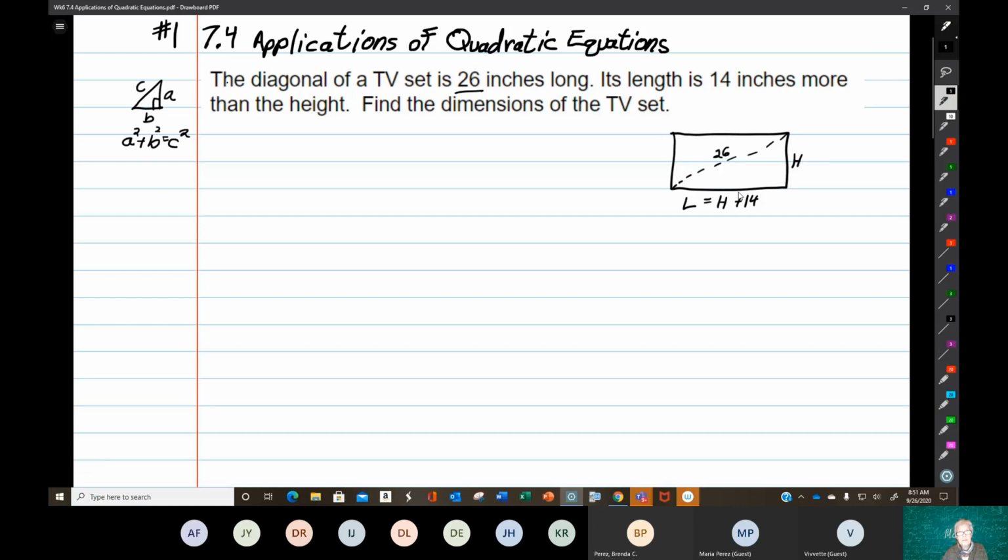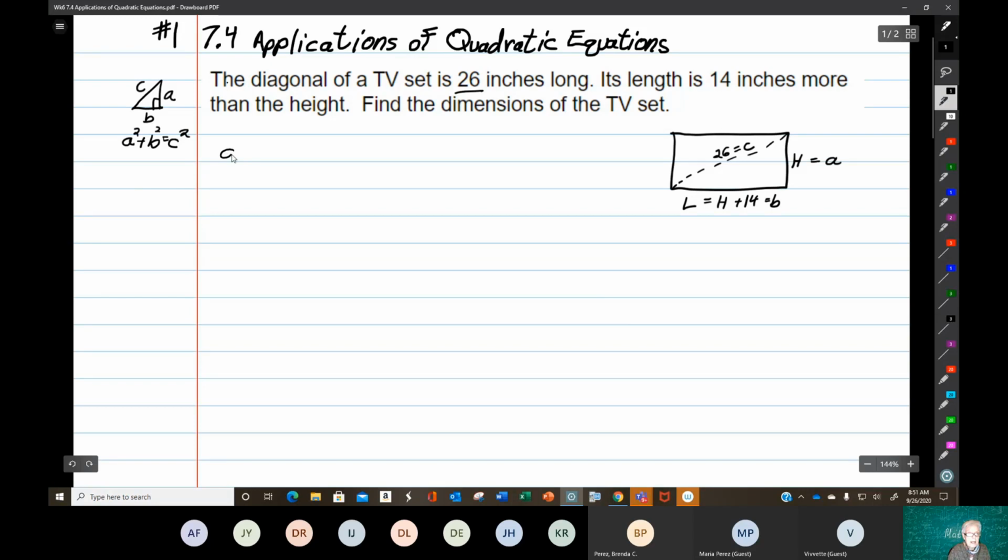Find the dimensions of the TV set. That is, find the length and find the height. And we can do this because we know all about the Pythagorean theorem. I'm going to let the vertical side equal A, the horizontal side equal B, and the slanted side equal C.